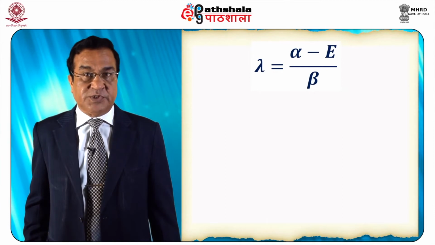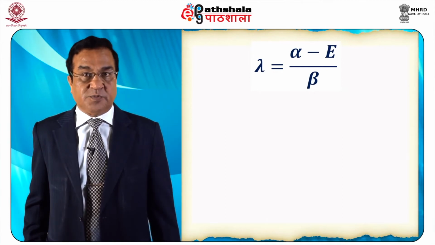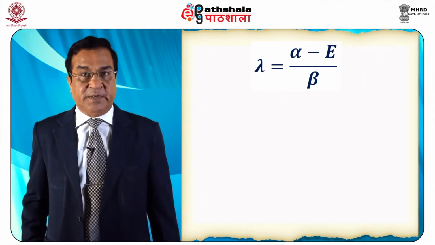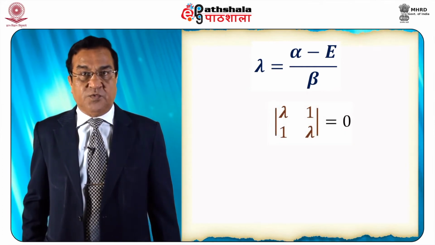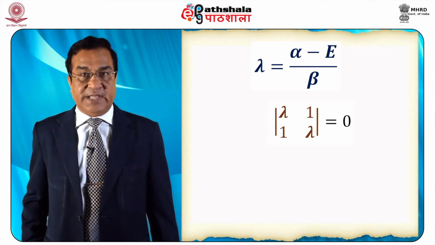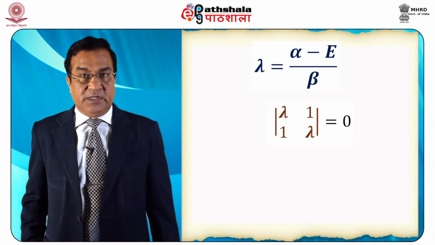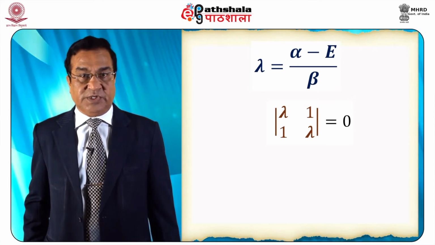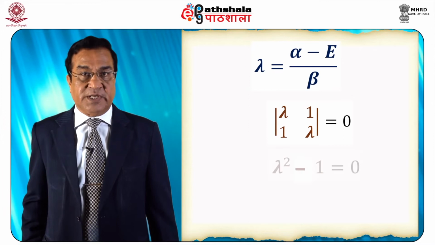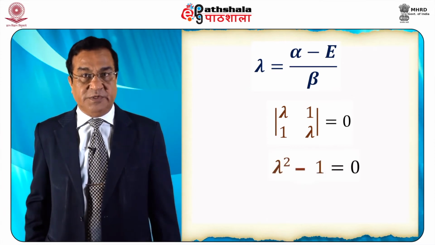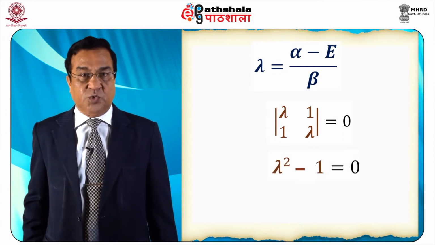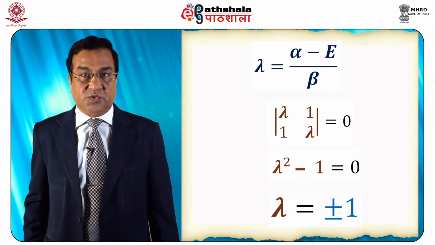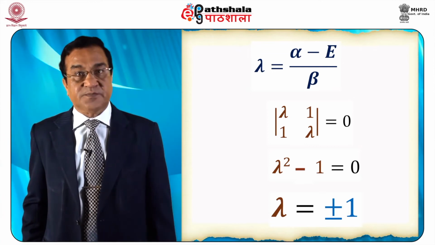If we substitute this value, the Huckel determinant becomes lambda 1, 1 lambda, and that has to be equal to 0. This determinant on expansion gives us lambda square minus 1 is equal to 0, which on solution gives two values, lambda is equal to plus minus 1. So these are the two values we get.